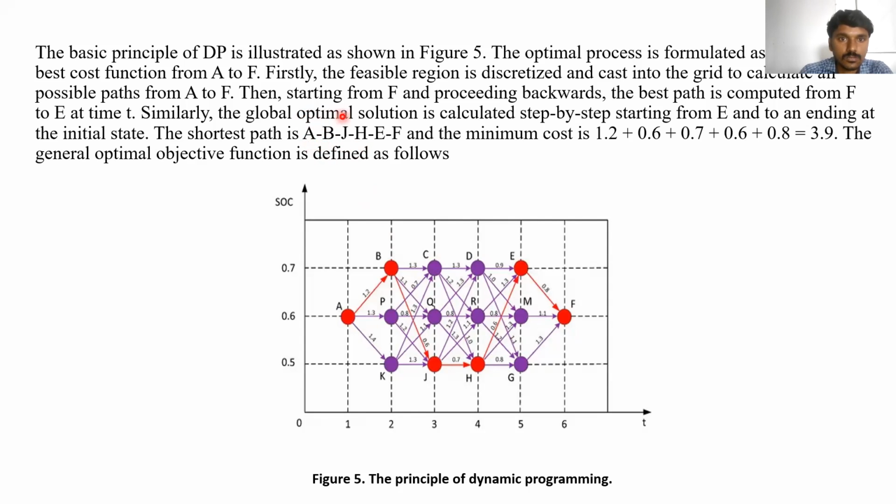Let me see here once again, I'm a little bit confused in this part. The basic principle of dynamic programming is illustrated. The optimal process is formulated as finding the best cost function from S to F. The optimal process means, in order to calculate the cost, we have some different techniques and some different possibilities.